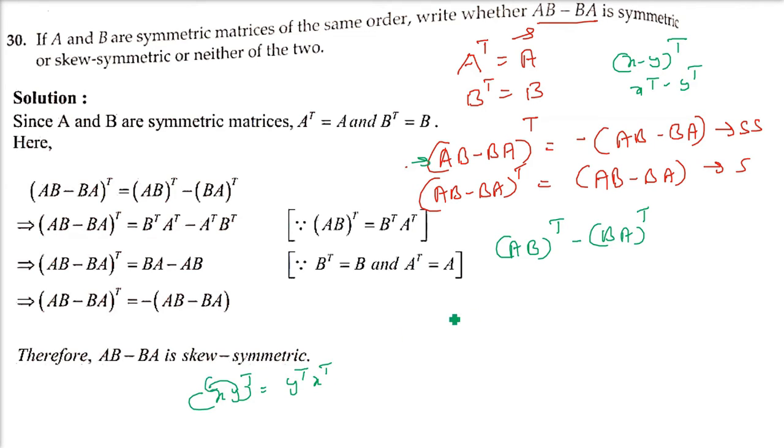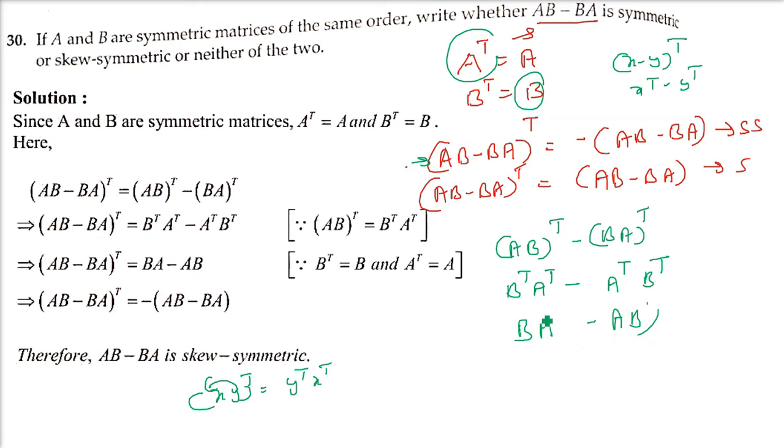So this will be B transpose A transpose minus A transpose B transpose. Now, what all is given? B transpose and A transpose are already given because A and B are symmetric matrices. So A transpose we write as A, and B transpose we write as B.